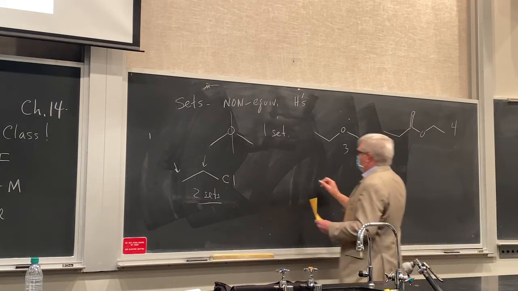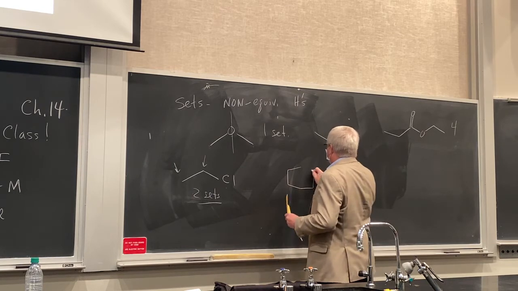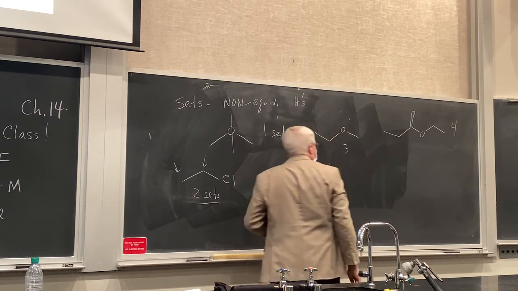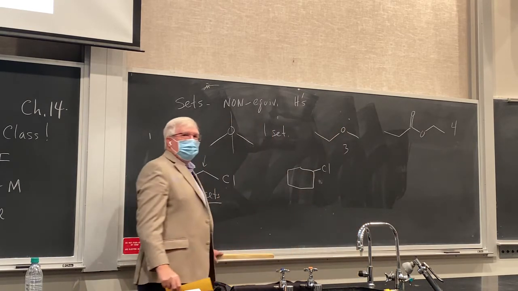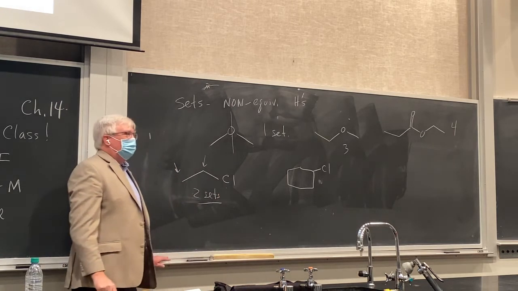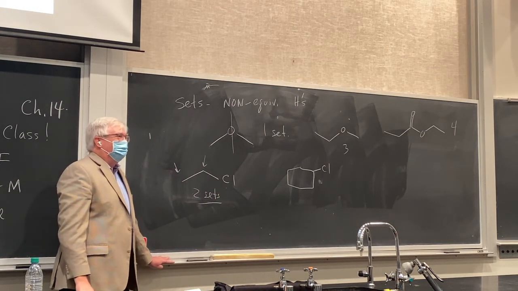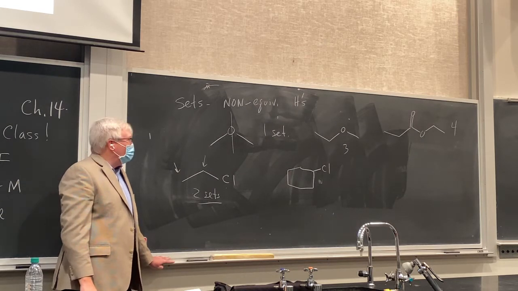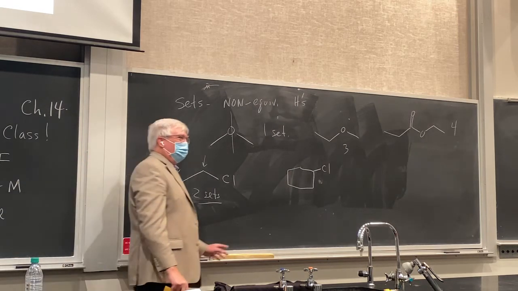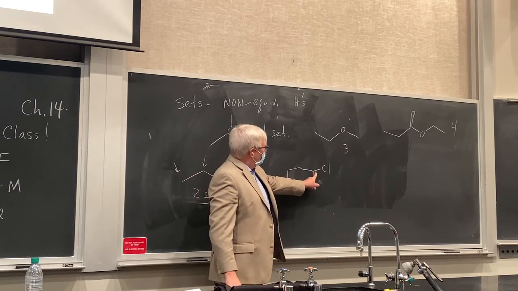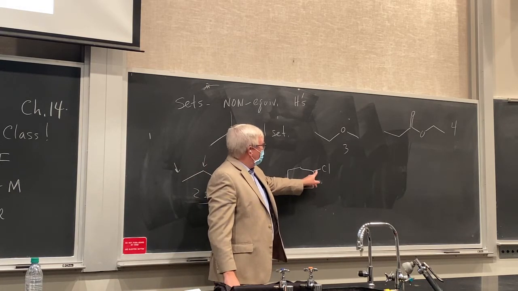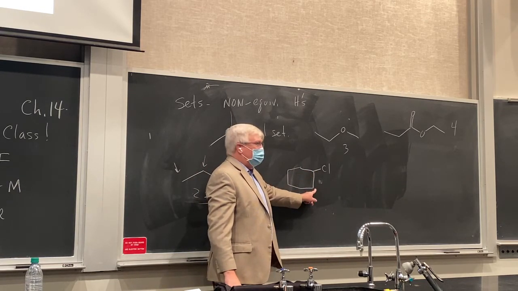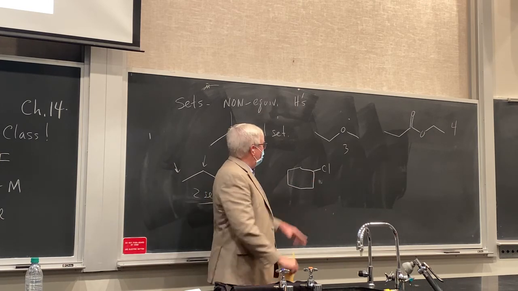Okay, how about this one? Cyclohexyl chloride. Yeah, a little bit harder maybe. But if you just look at the structure, this one's certainly distinct. Add in the hydrogen. They have methylene, methylene here. Those might be the same.